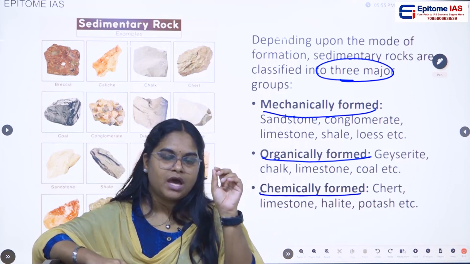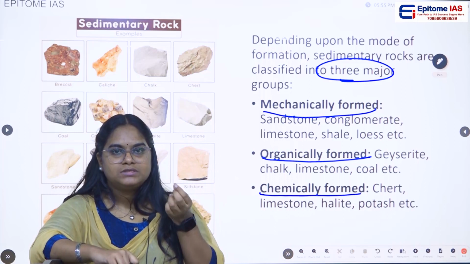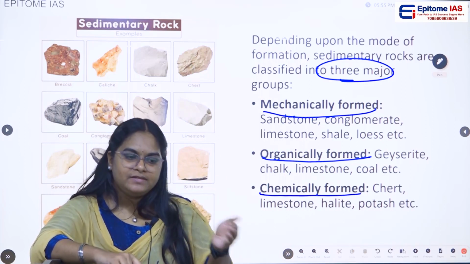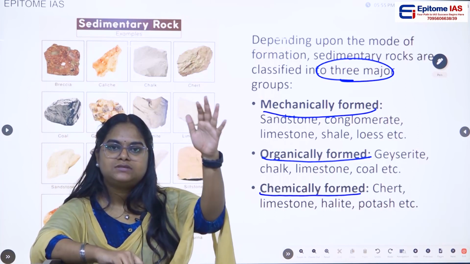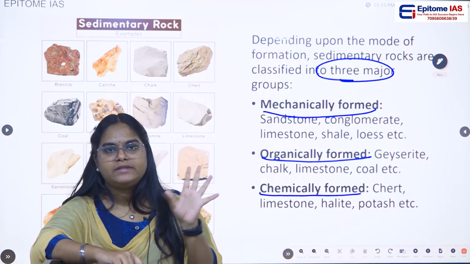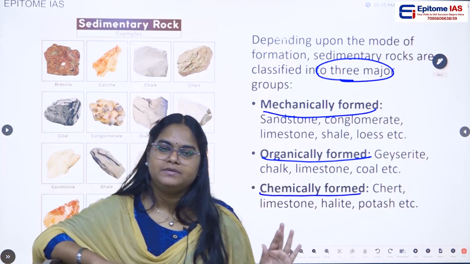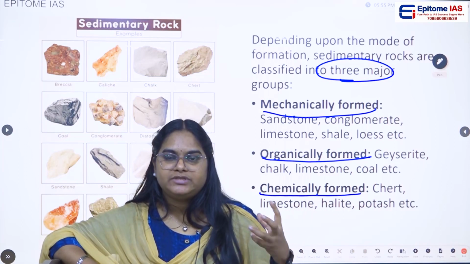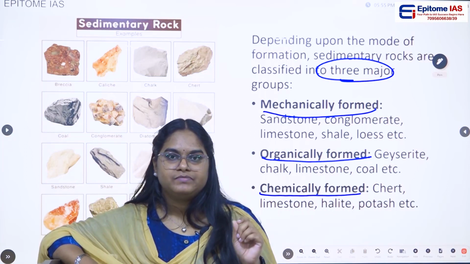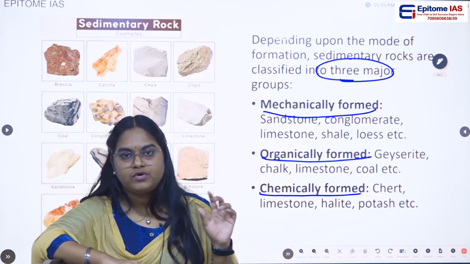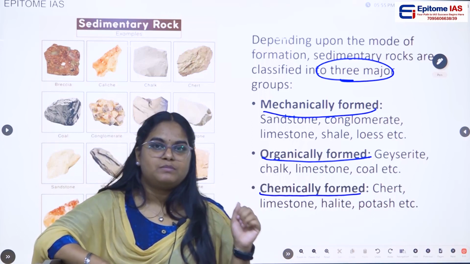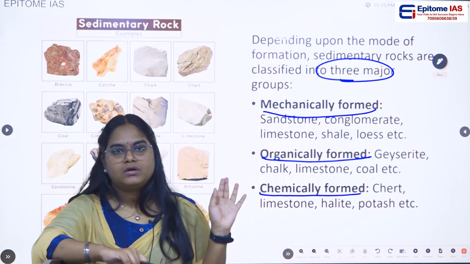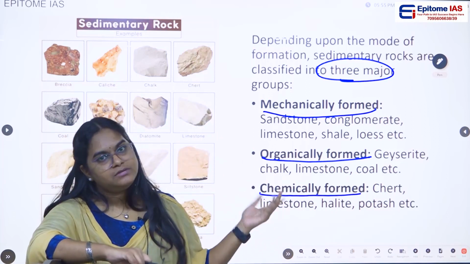So these sediments are going to mix up along with the sediment of other elements, and then they are going to form the layers, and then they'll form a rock, and this rock is called organically formed sedimentary rocks. So technically, this organically formed sedimentary rocks will be containing fossils of animals or plants from thousands of years before. They are going to contain those fossils inside the rock. Okay, so this is organically formed rocks.